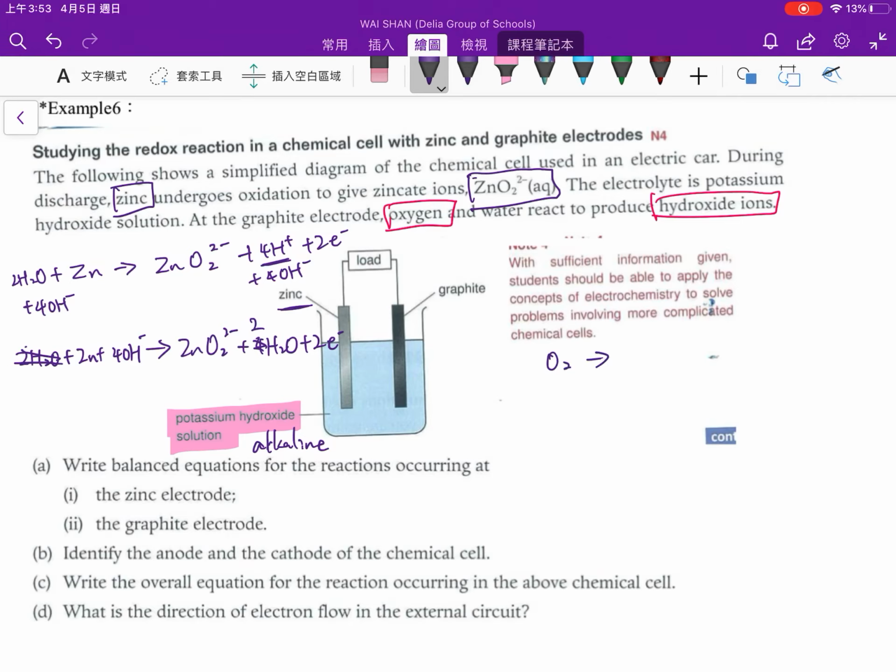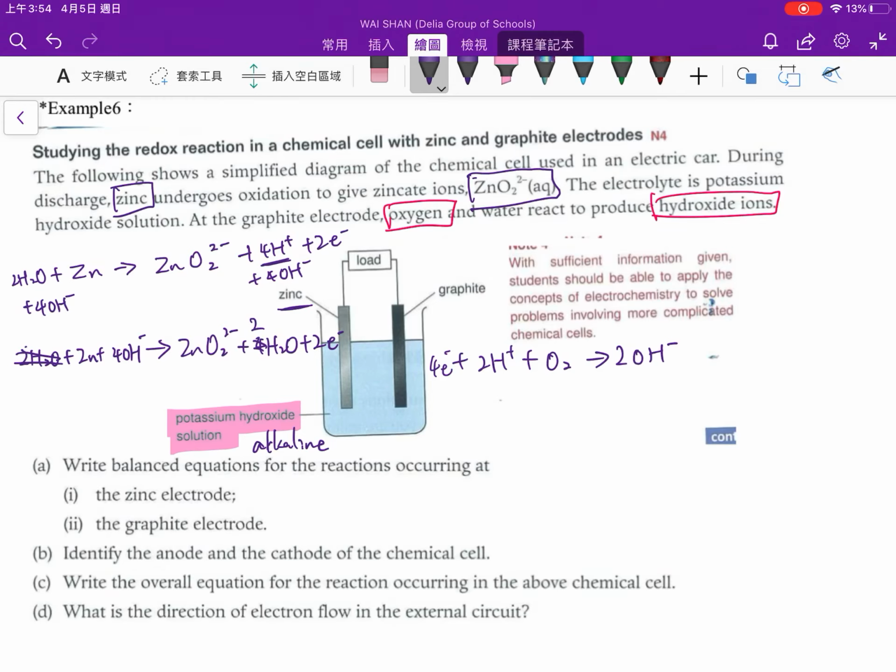And then for the other side, oxygen gas will turn to hydroxide. To balance the number of oxygen first, because there are 2 oxygen, 2 hydroxide will be formed. Can you do the rest, like the half reaction taking place on zinc? Remember, do you know how to do it? Add hydrogen ion and then add electron and turn it to alkaline condition.